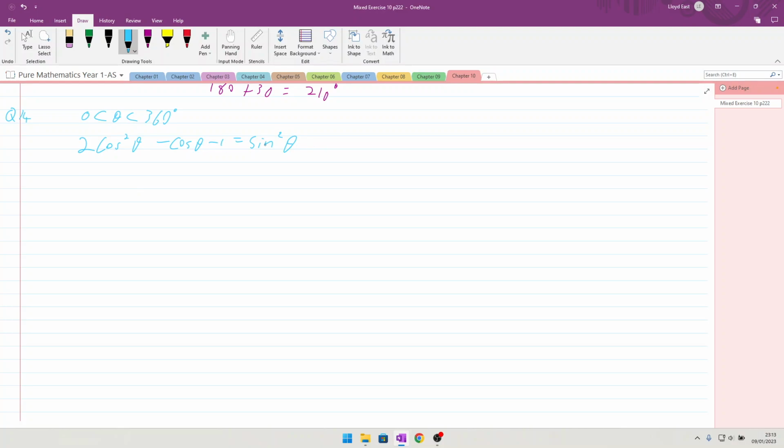So, looking at sine squared theta, it doesn't look like much. So I'm going to take the right hand side here, and where we've got sine squared theta plus cos squared theta equals 1, I'm going to say that sine squared theta is equal to 1 minus cos squared theta, and sub it in.